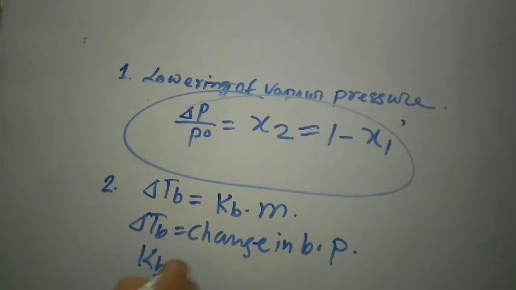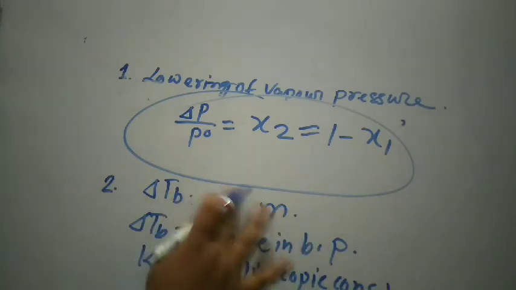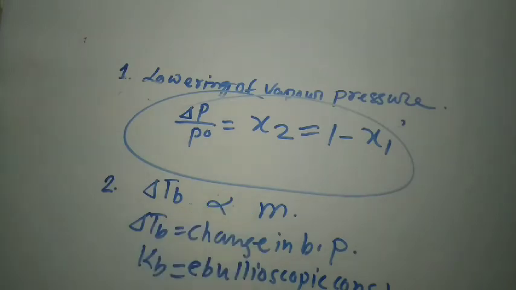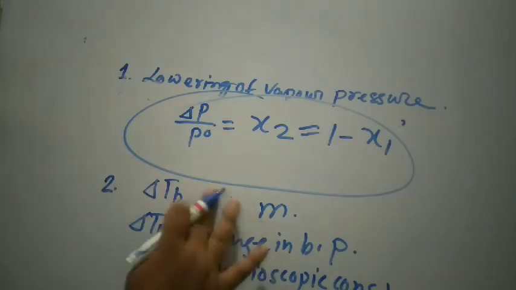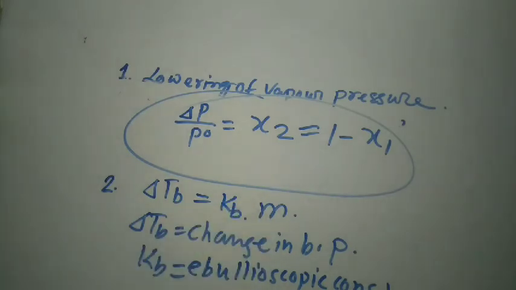KB is the ebullioscopic constant. Actually, delta TB is directly proportional to m. So KB is basically a proportionality constant, but the particular name used for KB is ebullioscopic constant. Now m is the molality.